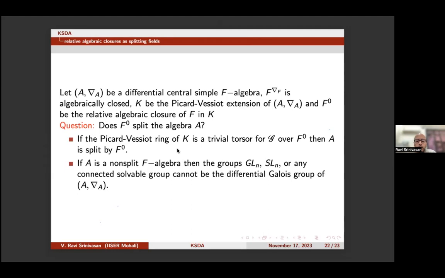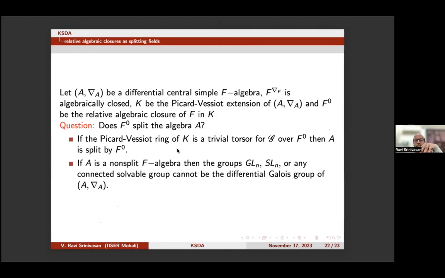For example, the result has this consequence. If I have a non-split algebra, then the following groups will not be the differential Galois group of A with derivation nabla A, for all those nabla A that restrict to the base field with algebraically closed constants.